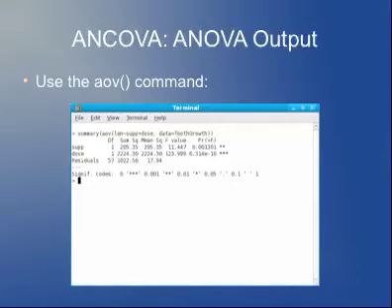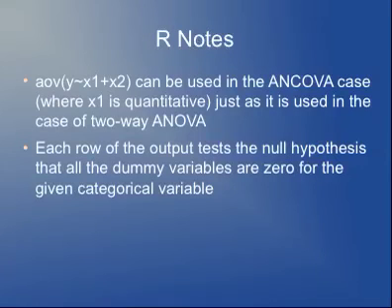The advantage to this AOV style output is that if there were 3 different types of supplements rather than 2, this supplement row would give you the p-value for testing the null hypothesis that both of the dummy variables are equal to 0, something that you can't get easily from the LM output.